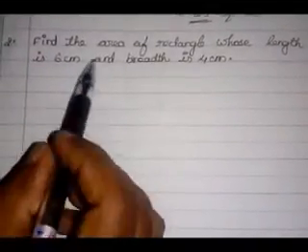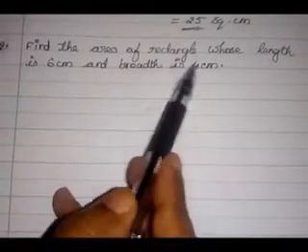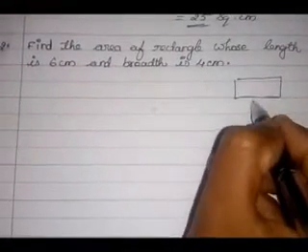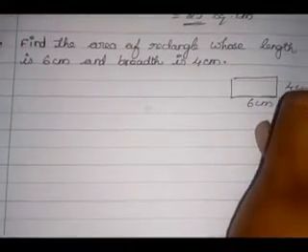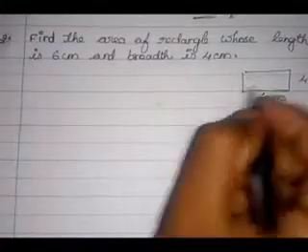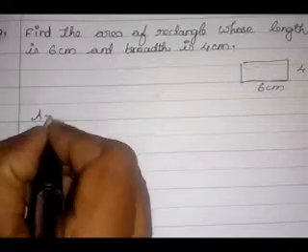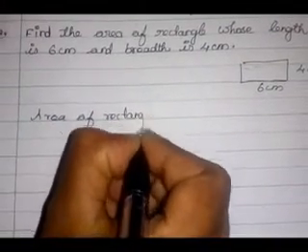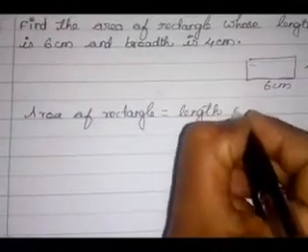Next question: find the area of a rectangle whose length is 6 centimeter and breadth is 4 centimeter. Here we will draw a rough picture. Length is 6 centimeter and breadth is 4 centimeter. We want to find the area. Already we studied the rectangle area formula: area of rectangle equal to length into breadth.